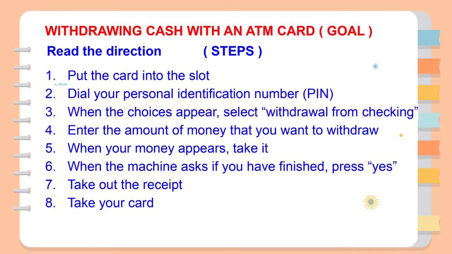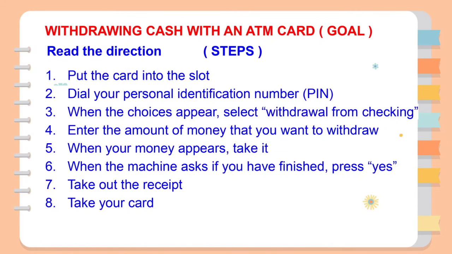Well, in our second example, it is an instructions of how to withdraw cash with an ATM card. Well, withdrawing cash with an ATM card is the goal of the text. And read the directions is the steps.